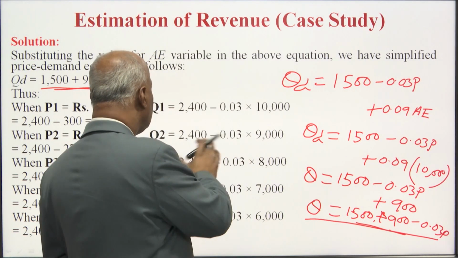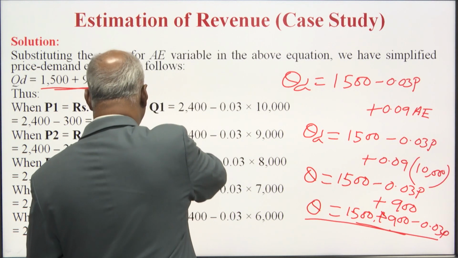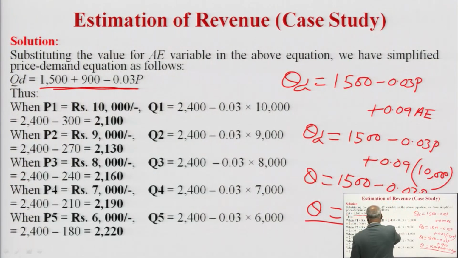When the price is decreased from 10,000 to 9,000 to 8,000 to 7,000 to 6,000, the quantity demanded increases from 2100 to 2130 to 2160 to 2190 and 2220. That means there is an inverse relationship between the price and the quantity demanded.